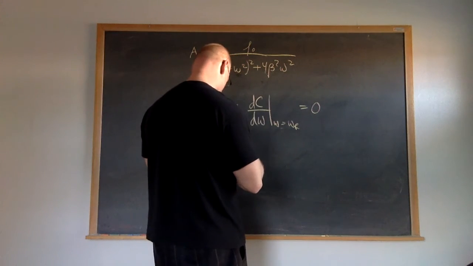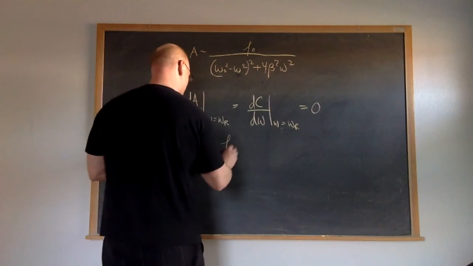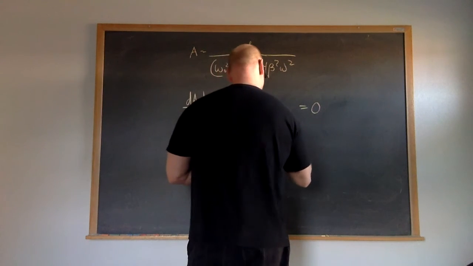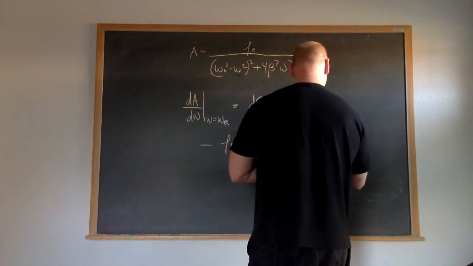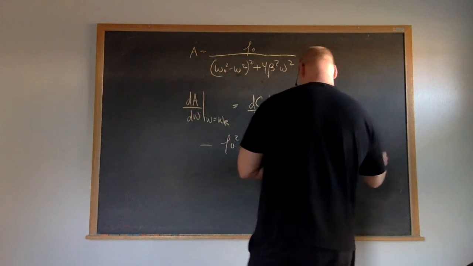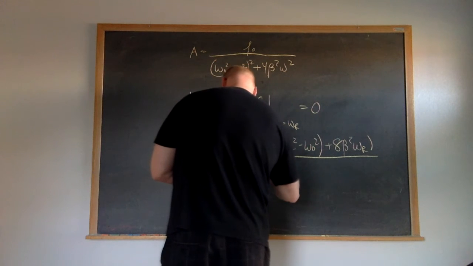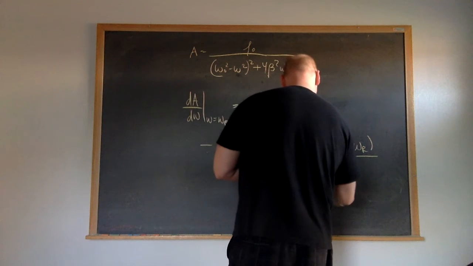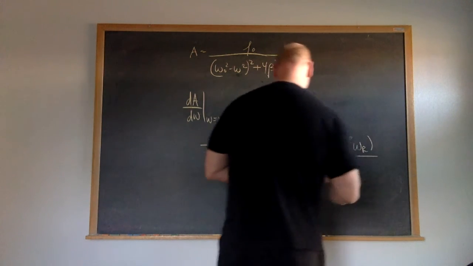If we do that, let me skip some steps, but let me write out what the derivative ends up being. This derivative ends up being minus f0 squared times 4 times the resonance frequency, times the resonance frequency squared minus the natural frequency squared, times 8 beta omega r, all divided by the resonance frequency squared minus the natural frequency squared, quantity squared, plus 4 times beta squared times the resonance frequency squared, quantity squared.